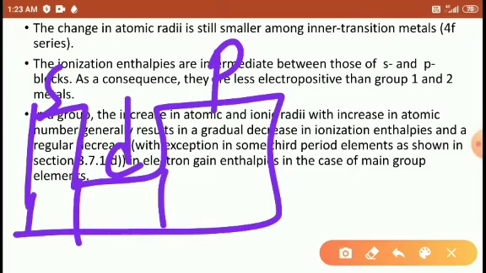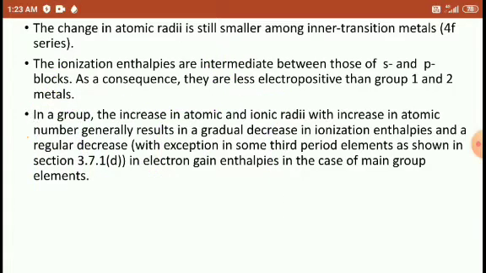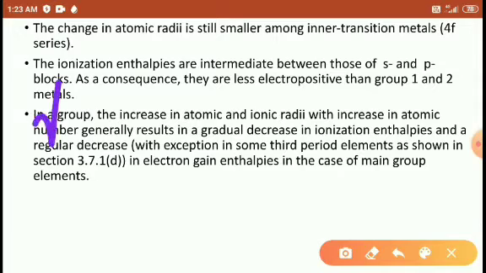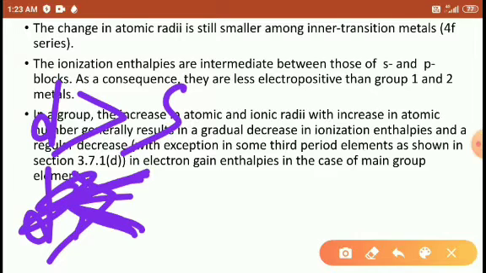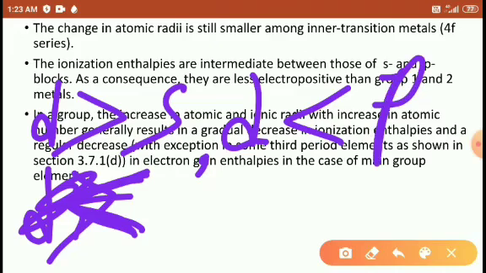So d-block element ionization enthalpy is intermediate, meaning it is greater than that of the s-block elements and less than that of the p-block elements.